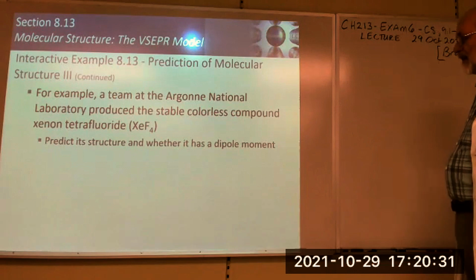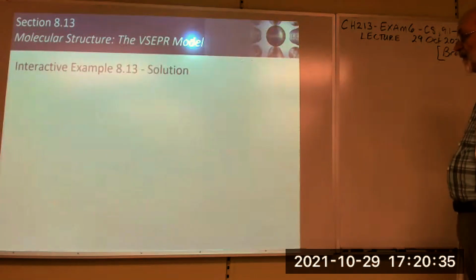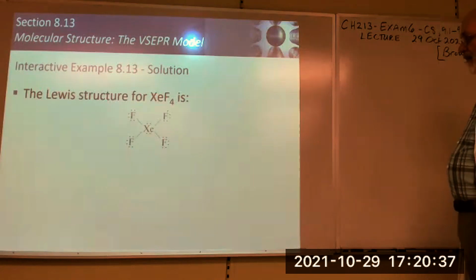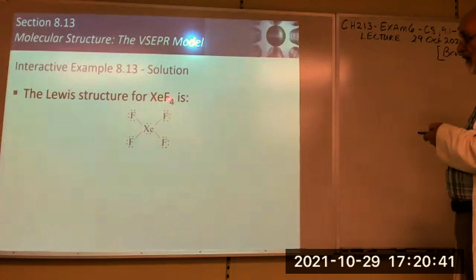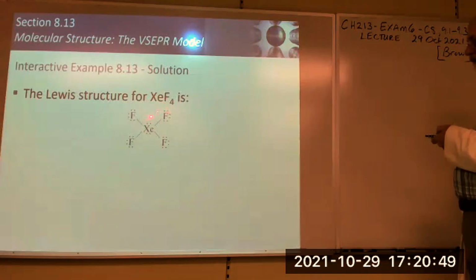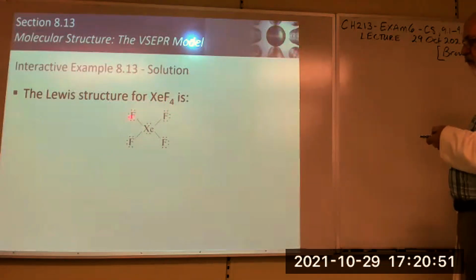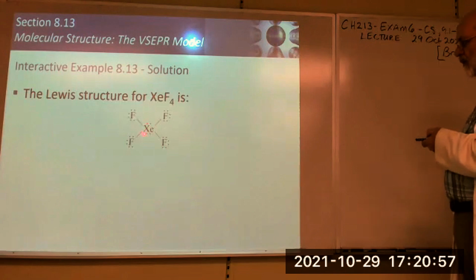So xenon tetrafluoride, what would be its structure? Xenon has 8, and fluorine has 7 each times 4 is 28. So 28 and 8 is 36. So we should have 36 here. 2, 4, 6, 8, so 1, 2, 3, 4. 32 plus 34, 36.